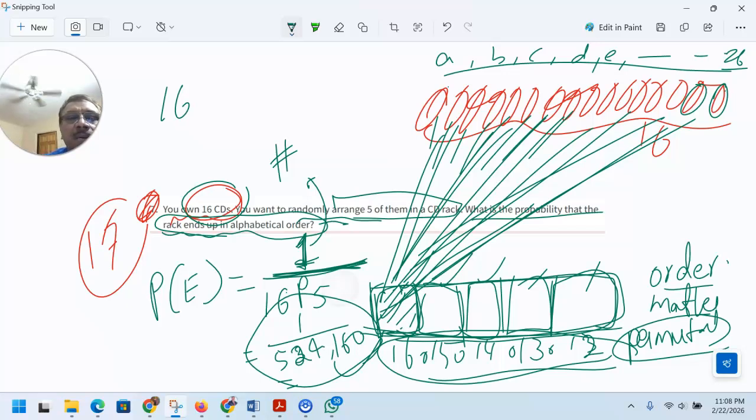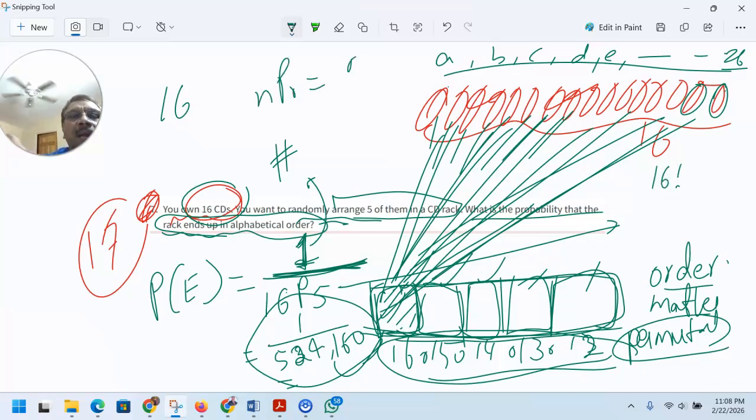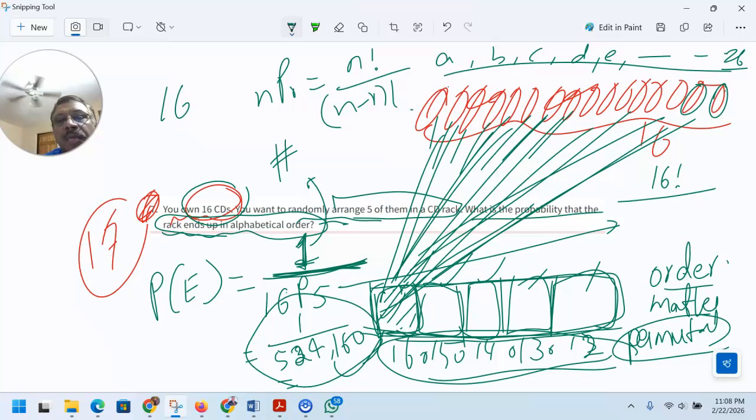Or if you want to see it by formula, it is 16 factorial, because nPr is n factorial divided by, subtract the 2, and you get it. Okay. So that's the one. I mean 16 factorial divided by 16 minus 5.